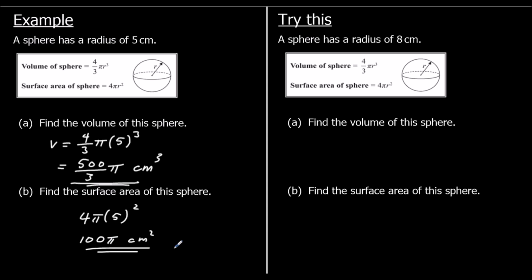Okay, one for you to try, so give this a go. This time we've got a radius of 8 centimeters. So to find the volume, it's going to be 4/3 pi times 8 cubed.